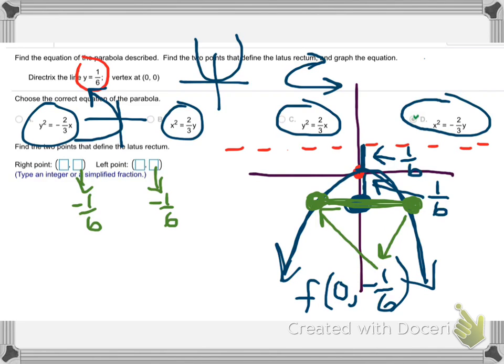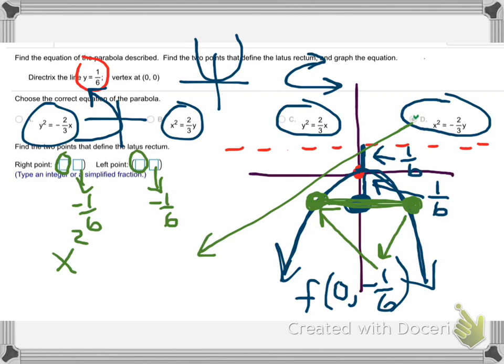Which leaves us to, what is the x-coordinate of those points? Well, at the very beginning of the question, we've identified the equation to be that, and that is the relationship between x and y.